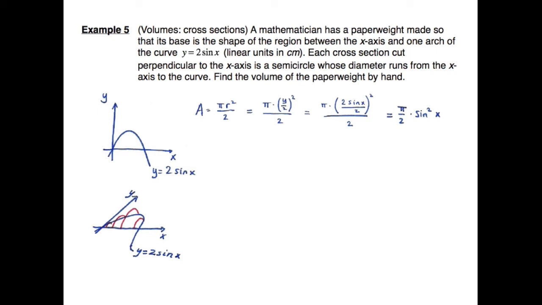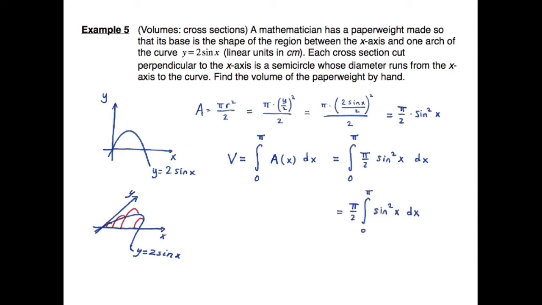Now we use the formula to find the volume of this paperweight. It's the integral from 0 to pi of the area times dx. The area we saw is pi over 2 times sine squared x. And before we do it by hand, we'll look for the answer with our calculator. You can place the pi over 2 in front since it's a constant, and you get 2.467.